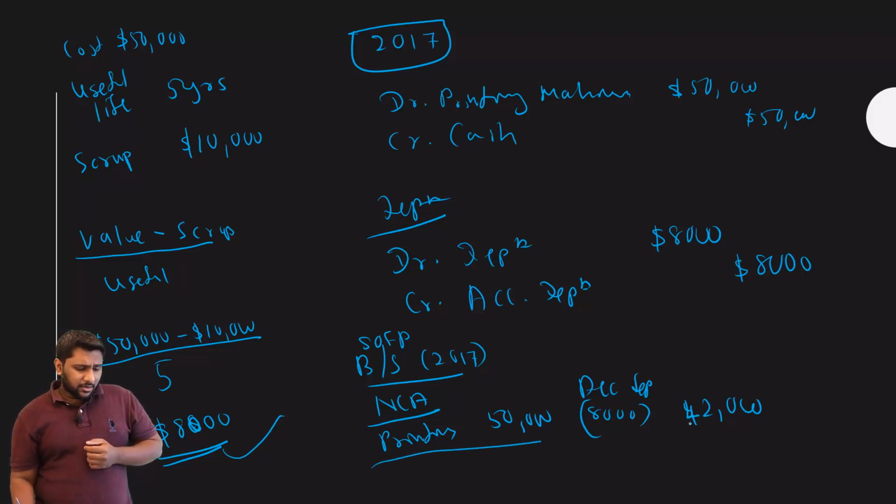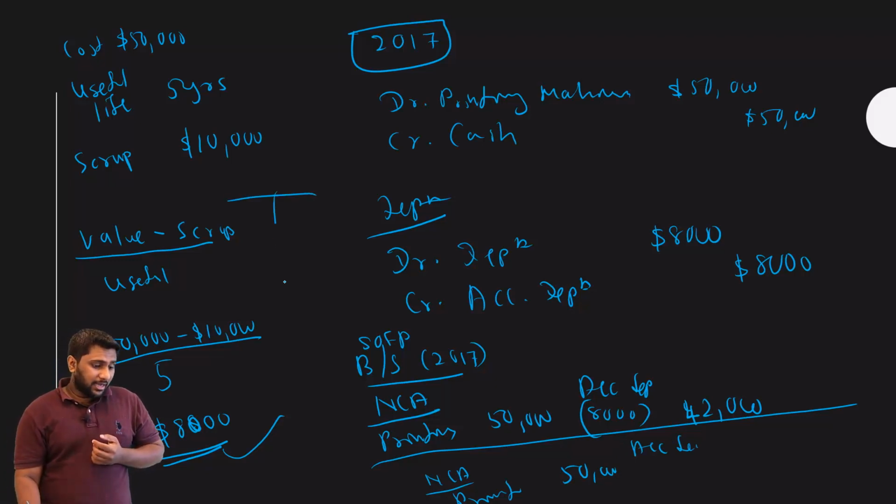So end of the year 2018, I'll do it here under non-current asset. You have this printing machine. How much is the value of the asset? 50,000. From that, you have to deduct your accumulated depreciation. So for the first year, 8,000 will get depreciated. So if this is your accumulated depreciation, 8,000 for the year 2017.